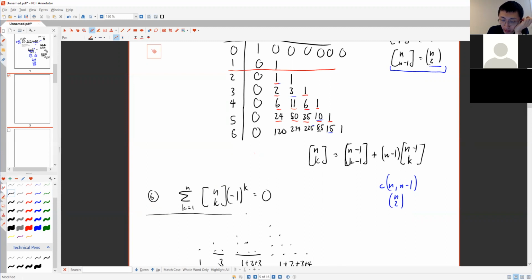So is there a way we can see that this might be true? This is pretty hard. So this is saying like, oh, 6 plus.